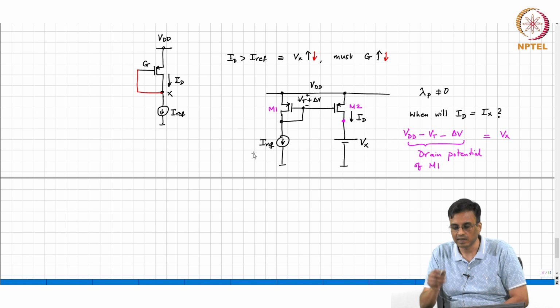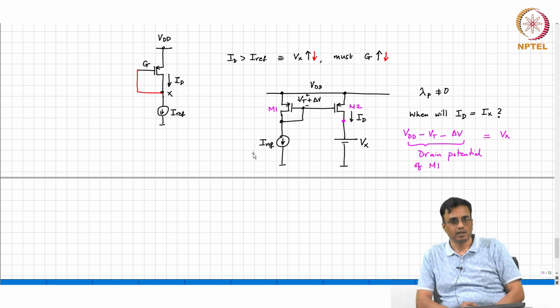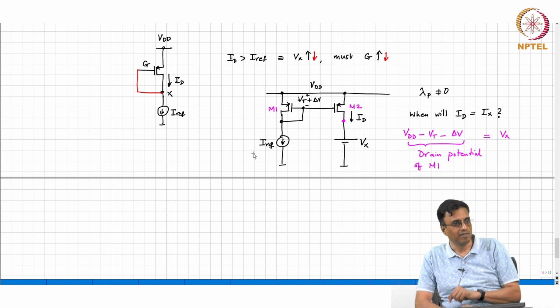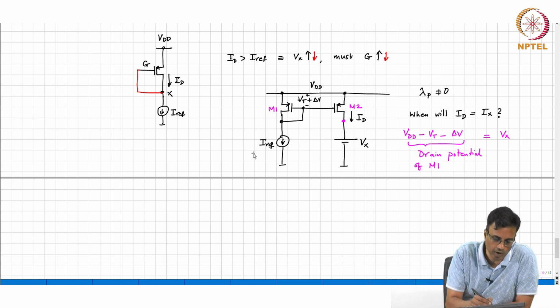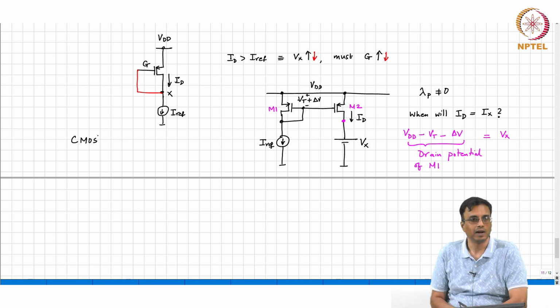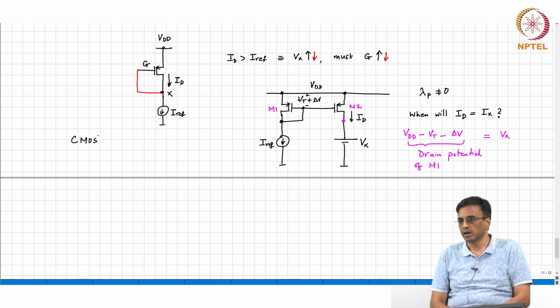But as you can see, this ID is now pushing current down, so it is actually a current source, whereas the NMOS transistor is pulling current towards ground. So, it is a current sink, alright. So, the fact that you have NMOS and PMOS transistors on the same chip leads to what is called CMOS technology, and the C stands for complementary, right.